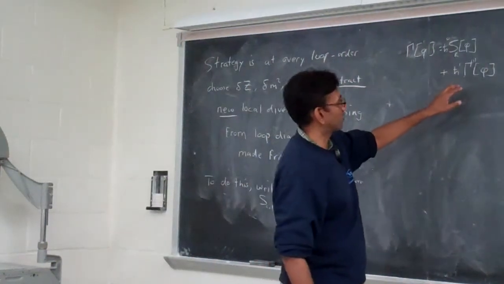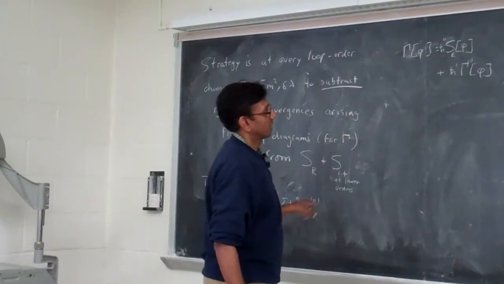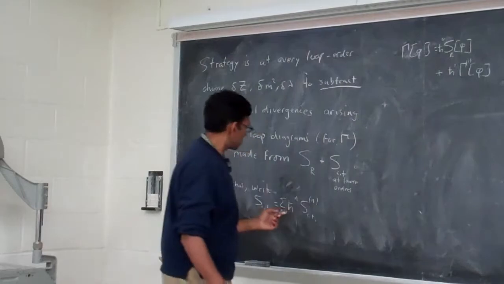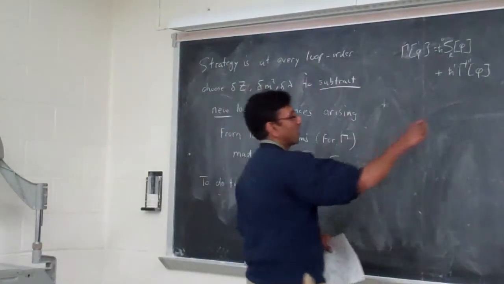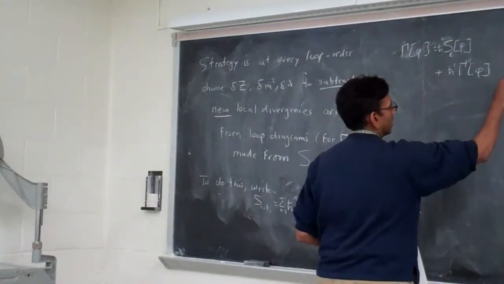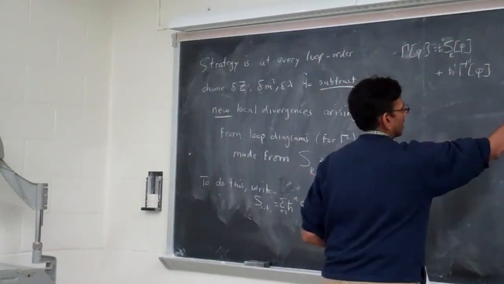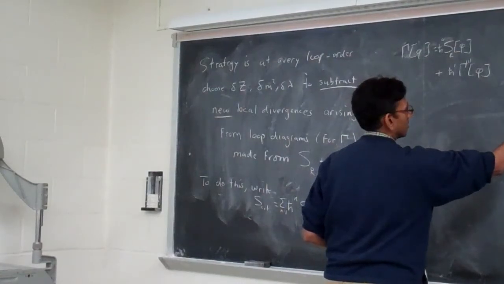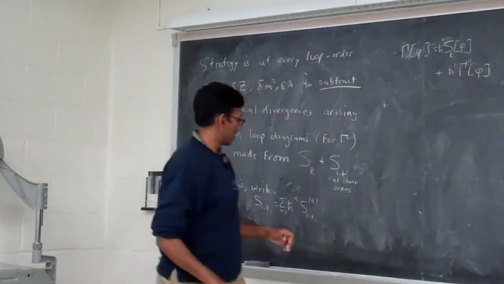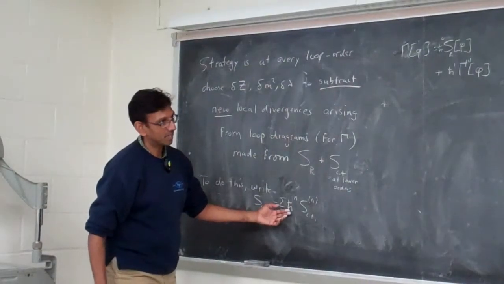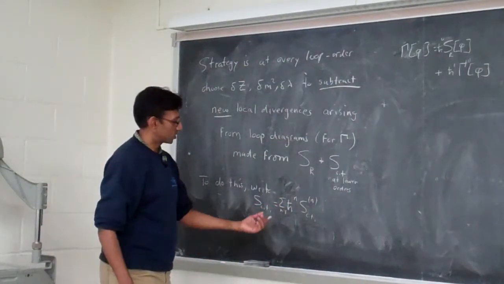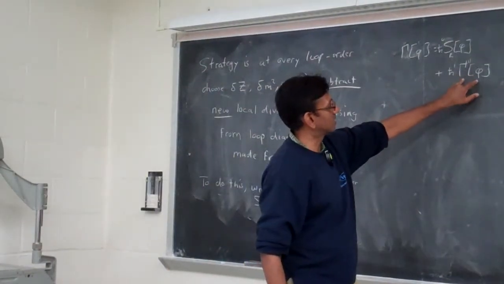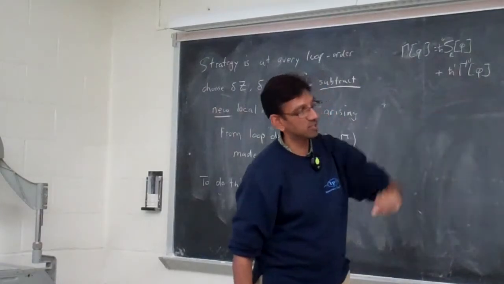So I can't afford to stuff this into any loops. And so I get this, and this is finite. Why? Because I've chosen, so this is finite by choice of S counterterm 1. Okay? I choose my delta parameters to subtract the local divergence that comes from calculating this at one loop using the vertices of S renormalized.